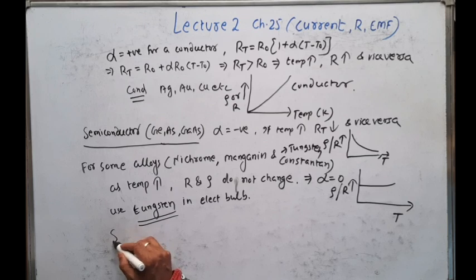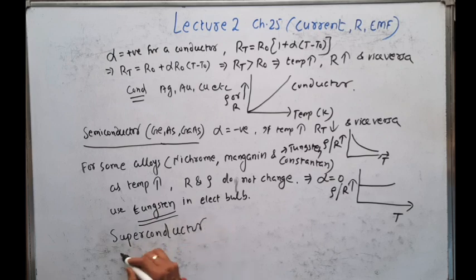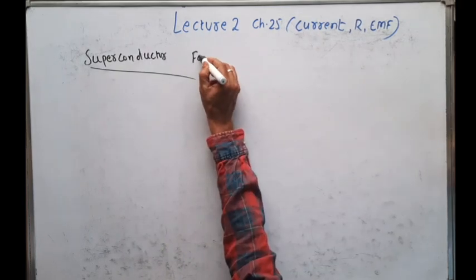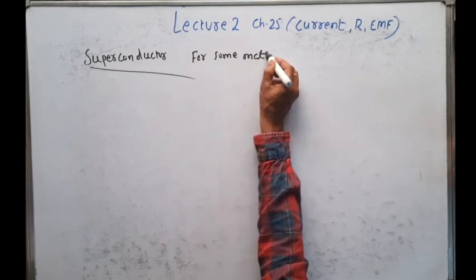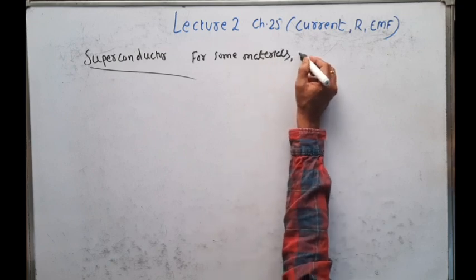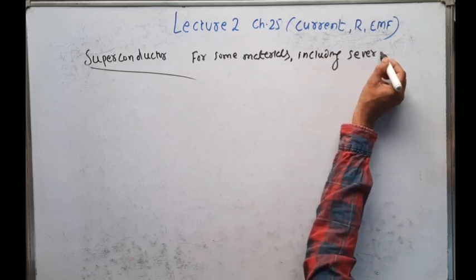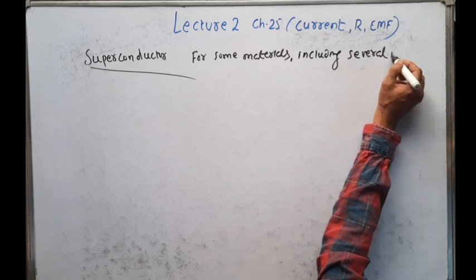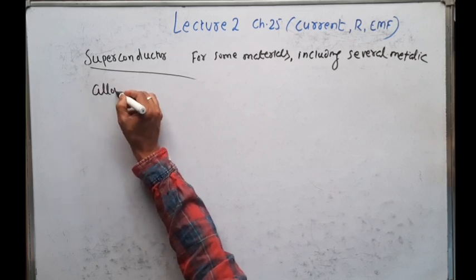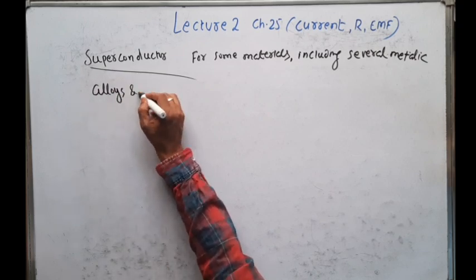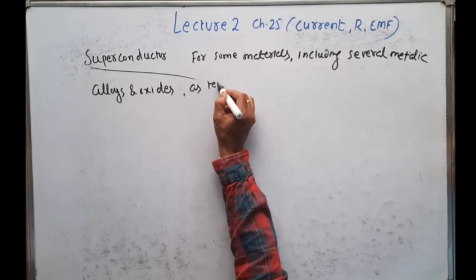Now, what is a superconductor? For some materials, including several metallic alloys and some metallic oxides, what happens?